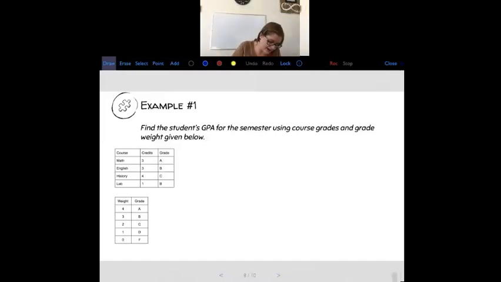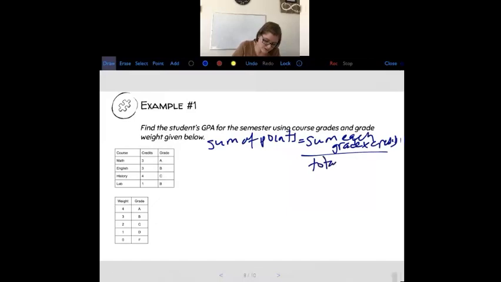But here, when we're adding this up, it's our sum of points, or another way to say that is the sum of each grade times credits, divided by the total number of credits.